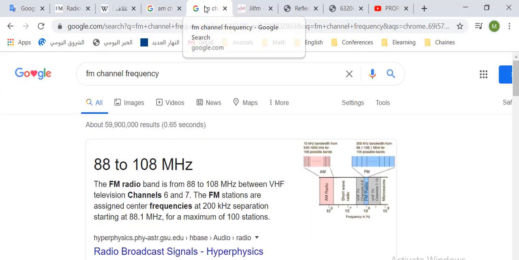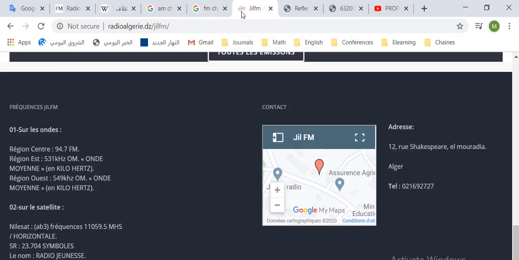We have the second type of radio frequencies, which are radio signals that use frequencies between 88 and 108 megahertz. And of course, everybody knows these two types.